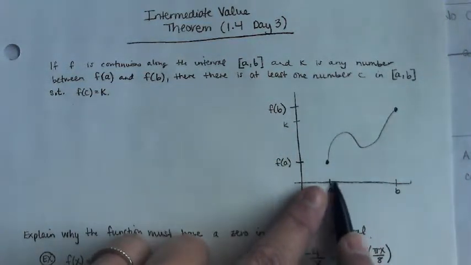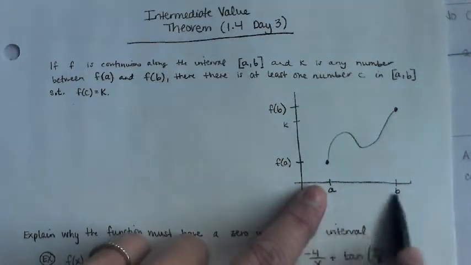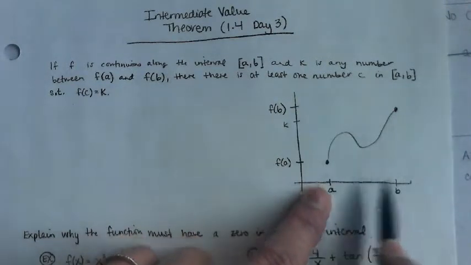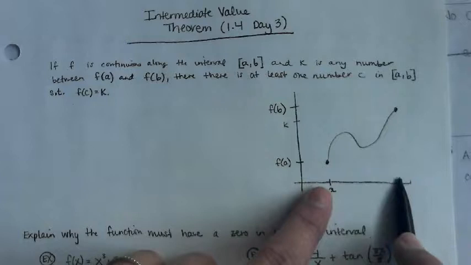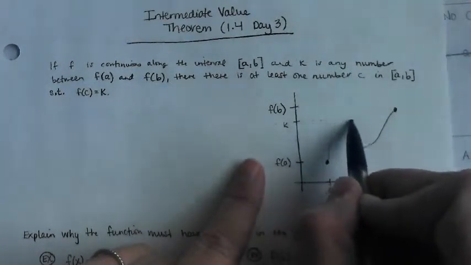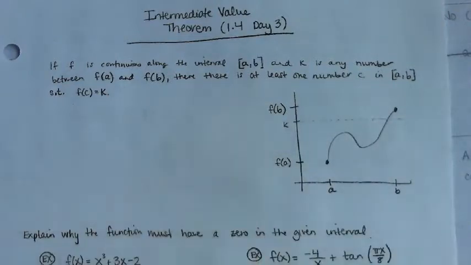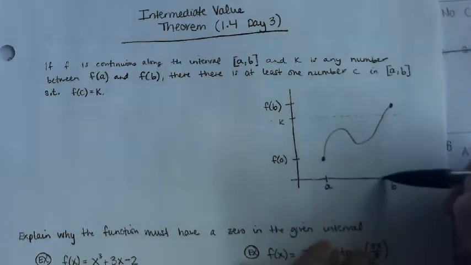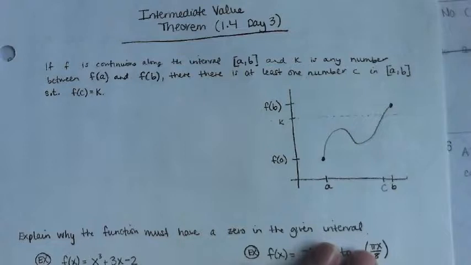So there has to be at least one location, maybe more, depending on your graph, between a and b such that f of c will equal k. So here's essentially k. So based on my graph, my c value is there. And there has to exist at least one.